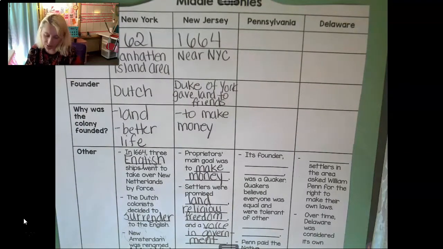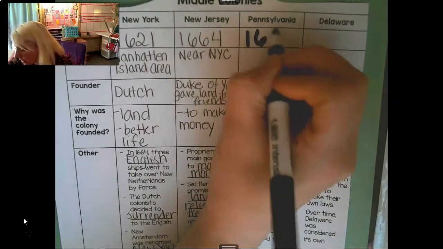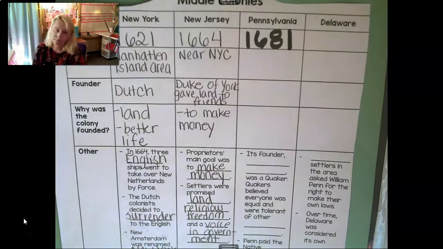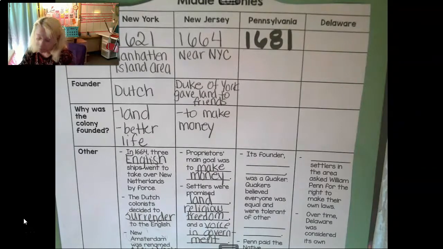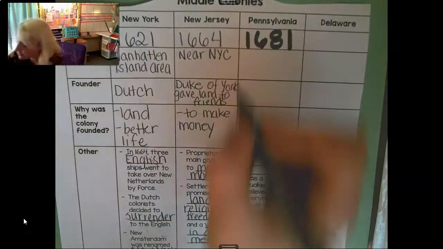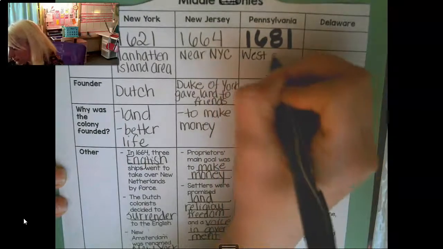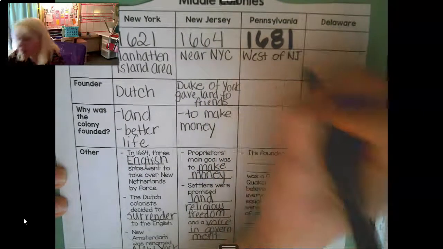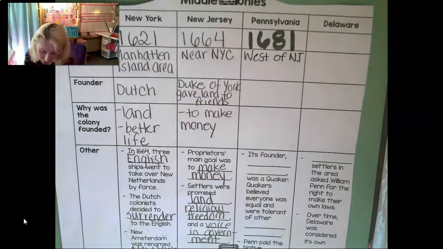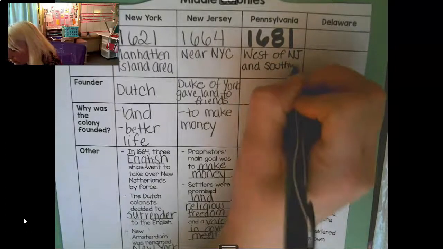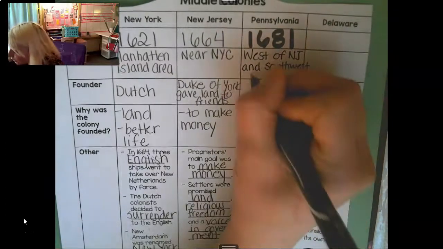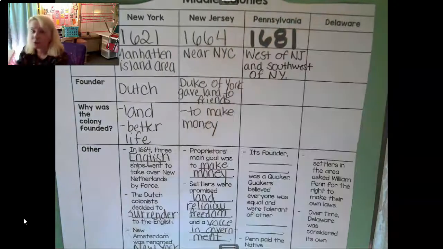Pennsylvania was founded in 1681, where it was founded to the west of New Jersey, I'm going to put NJ because that's the abbreviation for New Jersey, and to the southwest of New York, and NY for New York.